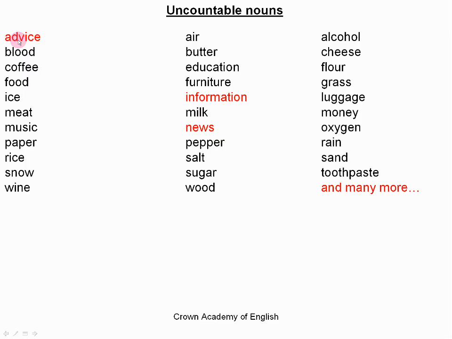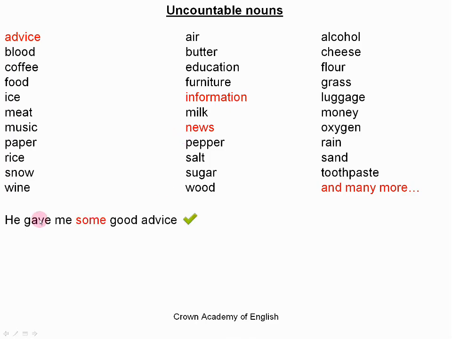I have put 3 of these in red, and that is because they often cause confusion to people. Because in English, advice, information, and news, they are all uncountable. But in other foreign languages, for example French, these words, they are countable. All right? But in English, they are uncountable.